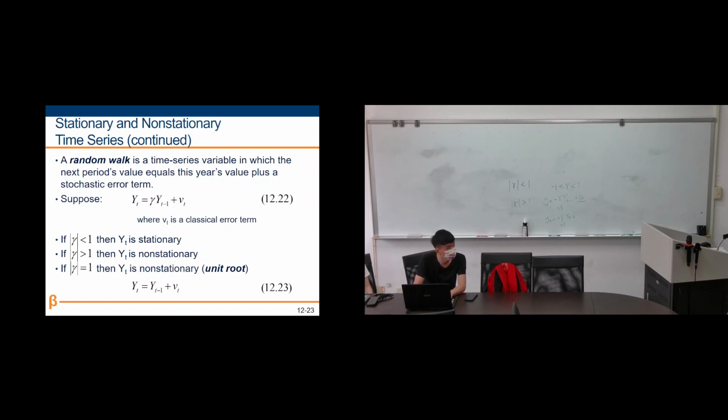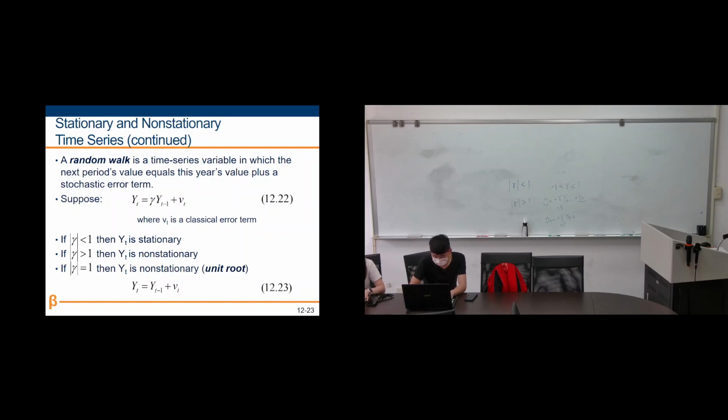Nothing can control it. It can get very large, either positive or negative, so you cannot control it. It does not converge. It diverges. So this is what we call non-stationary.